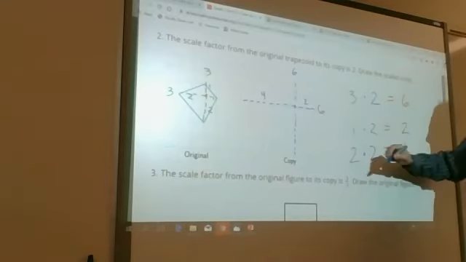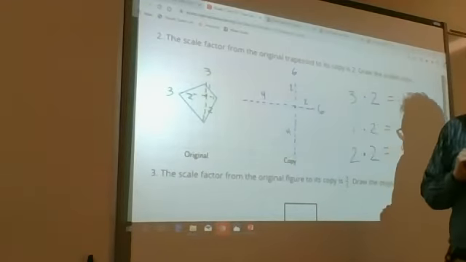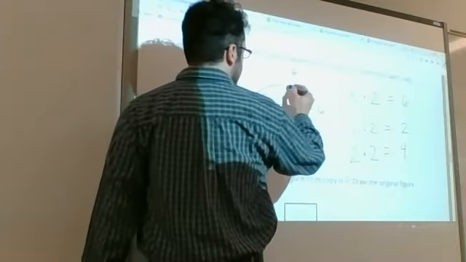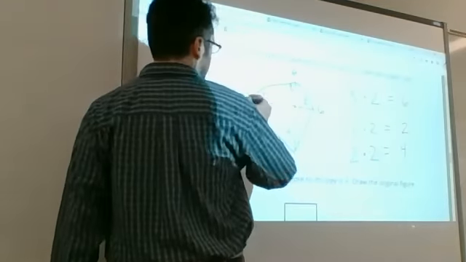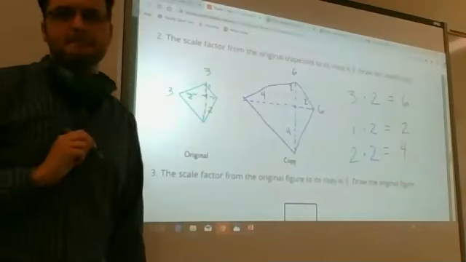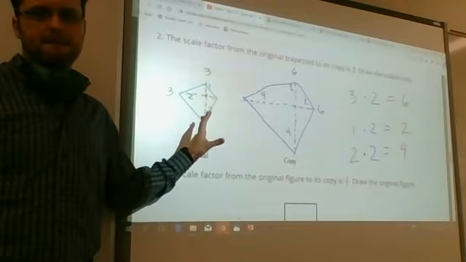That's these right here. 2 on this side, 4 on this side. So that way I know that this is a scale copy. Any question about that?